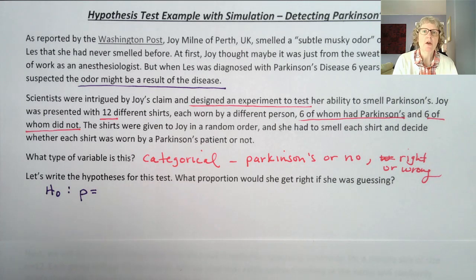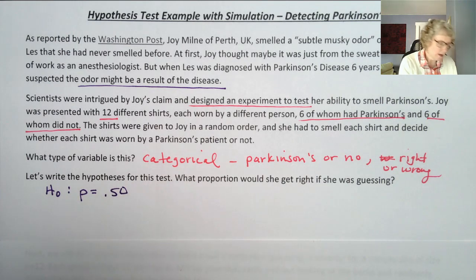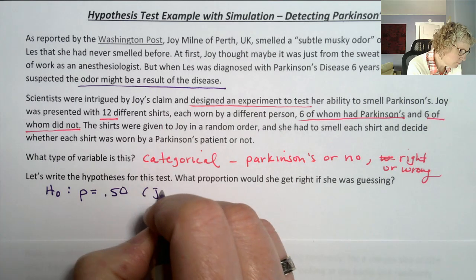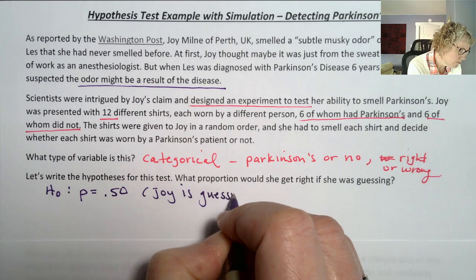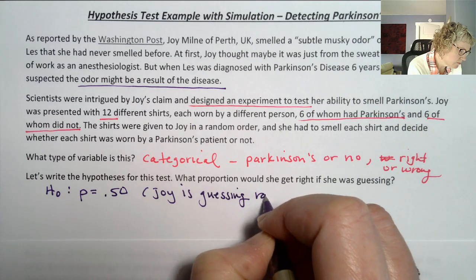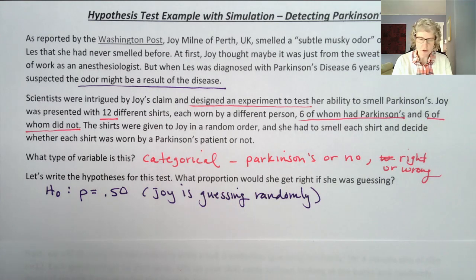So we're going to assume, what if she cannot tell the difference at all? In that case, she would be randomly guessing, and so that would be like flipping a coin. So that would be a 50-50. So the null is, Joy is guessing randomly. The null is just no effect.